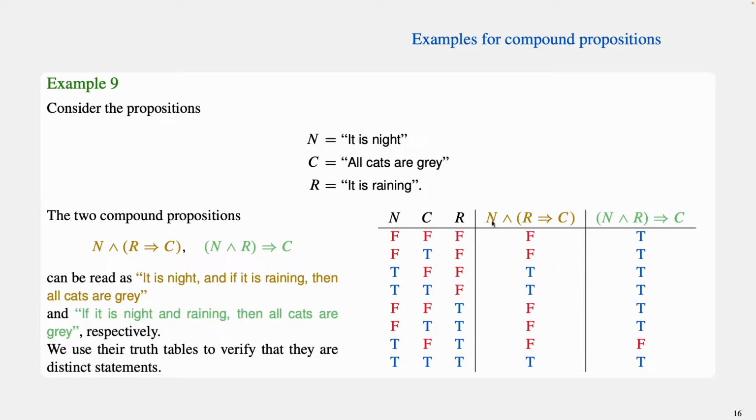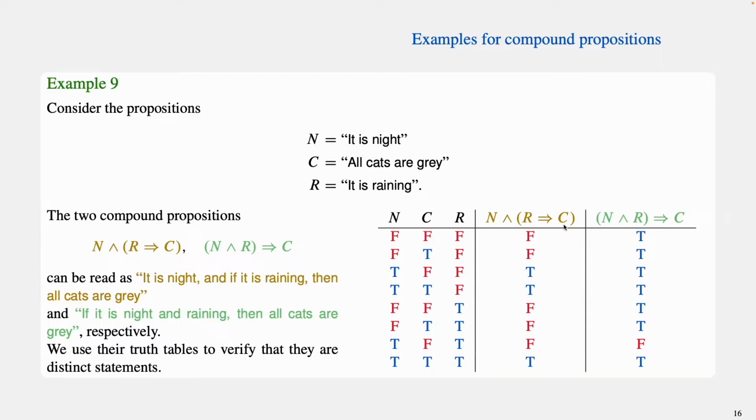So for this one, note that it is false whenever N or R implies C is false. So in every row where N is already false, this one is false. In the other rows, N is true. So in order to check if this proposition is true, we need to check if R implies C is true.